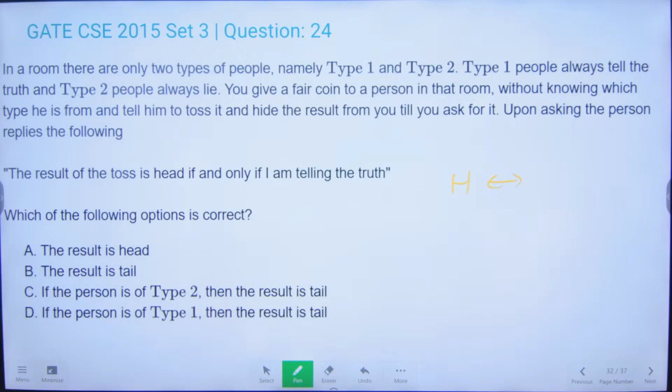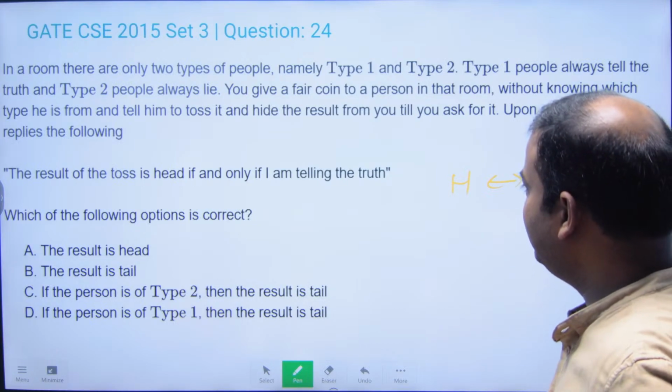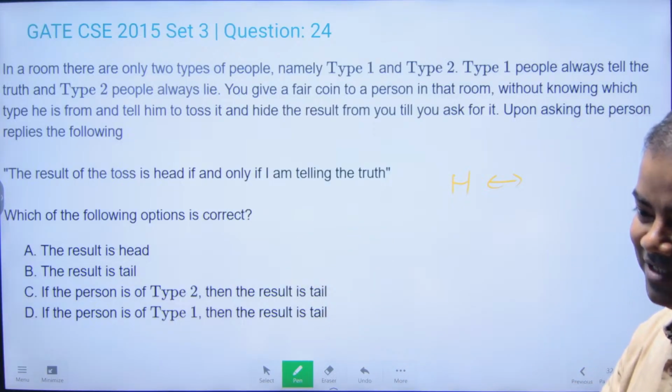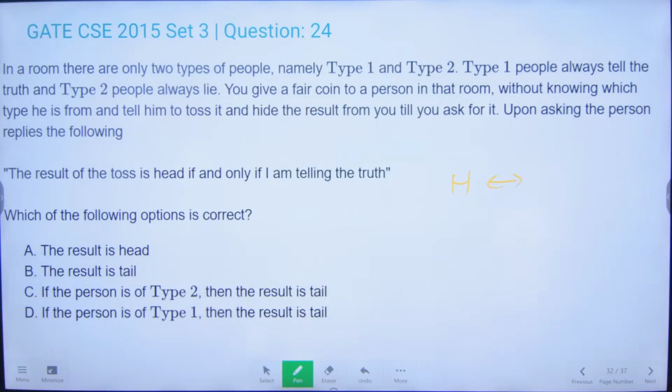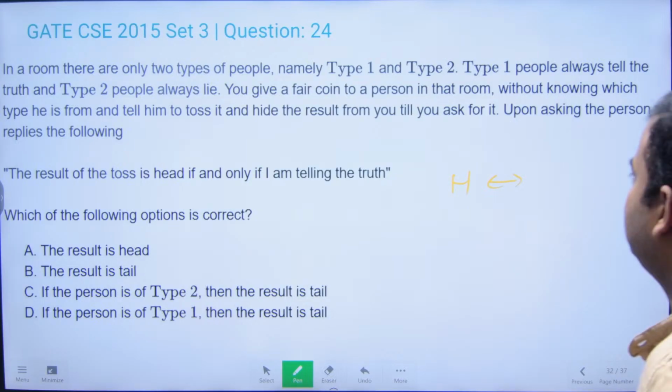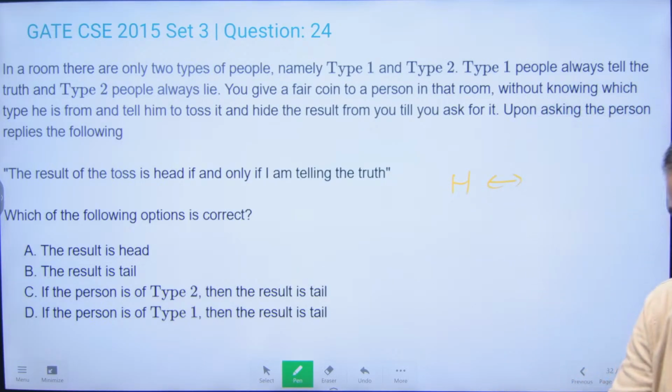So is it like this, that if and only if I'm telling the truth, the result is head, or else it's tail? Yes. If and only if means vice versa is also true. If it is only in one condition, then the inverse is not. So what is the easier way to solve this?